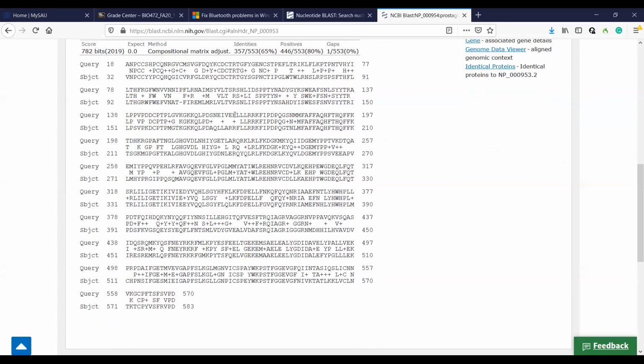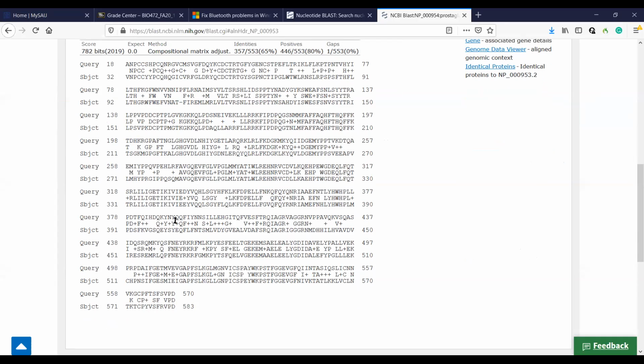So see this plus here, Jess? Yeah. That's a conservative change. You have leucine, isoleucine. These two have the same biochemical properties. Lysine, arginine, they're both basic amino acids. That's a conservative change.